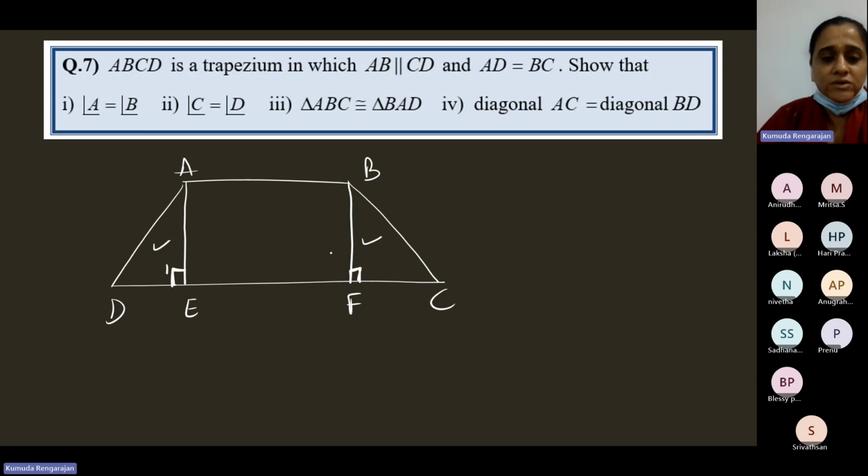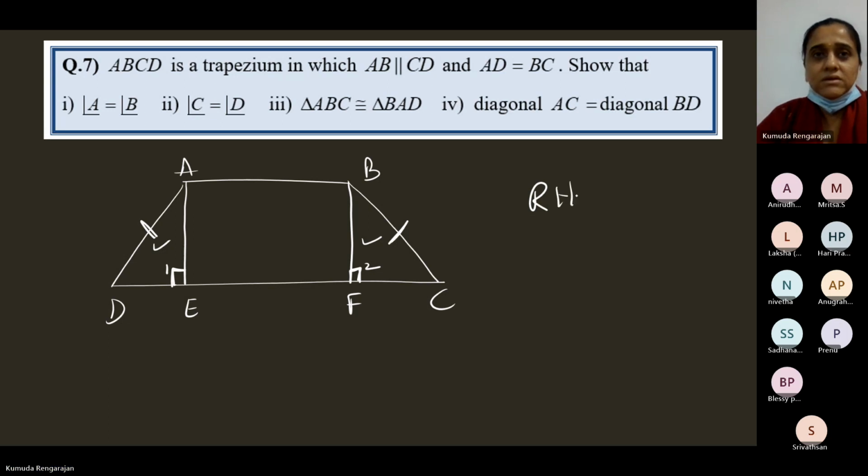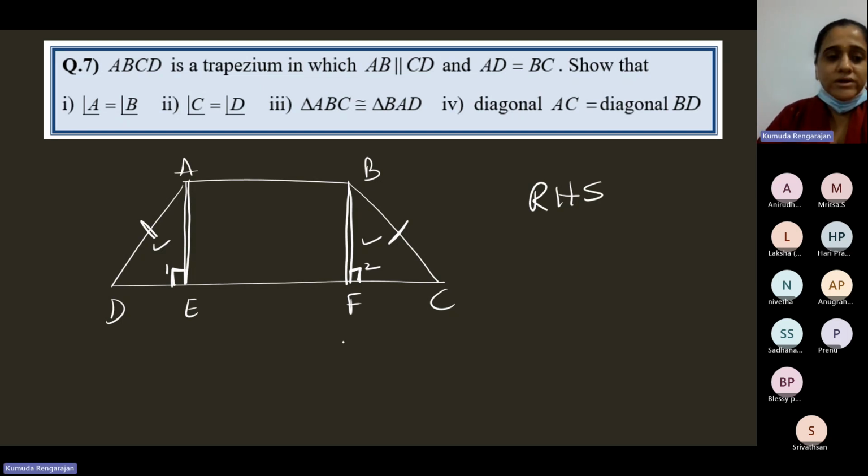Angle 1 is equal to angle 2, 90 degrees by construction. Right angle we've got. Now hypotenuse AD is equal to hypotenuse BC, given. And side AE is equal to BF, because the distance between two parallel lines is the same everywhere. By the RHS rule, the triangles are congruent.